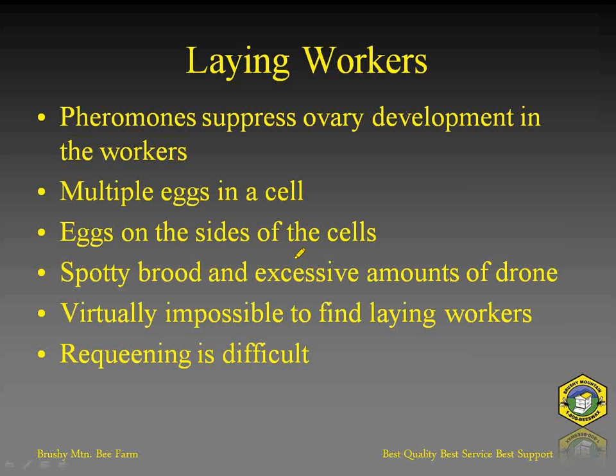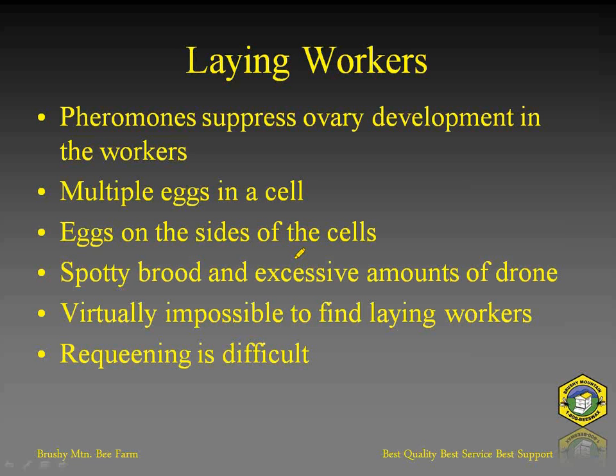So how do you know if you've got a laying worker? You will see multiple eggs in a cell. Now, I throw a little bit of caution here because a newly mated queen, when she returns from her mating flight and begins to lay, doesn't necessarily have control over her egg laying. She will gain that control as she lays more, but initially she doesn't have it.